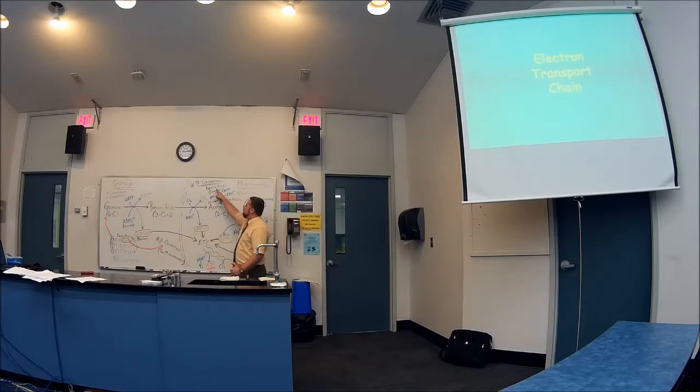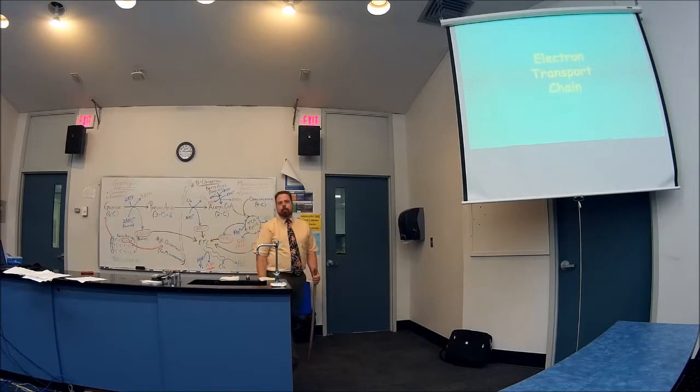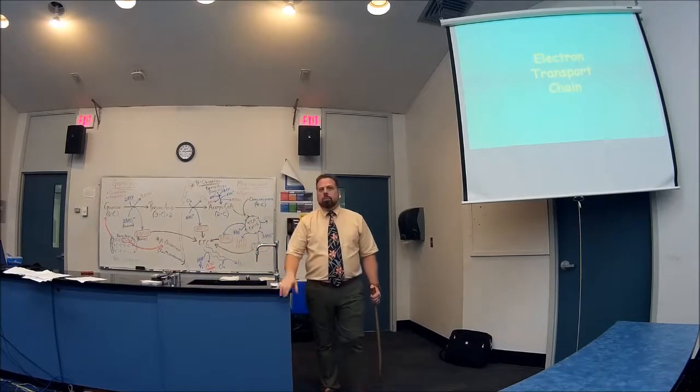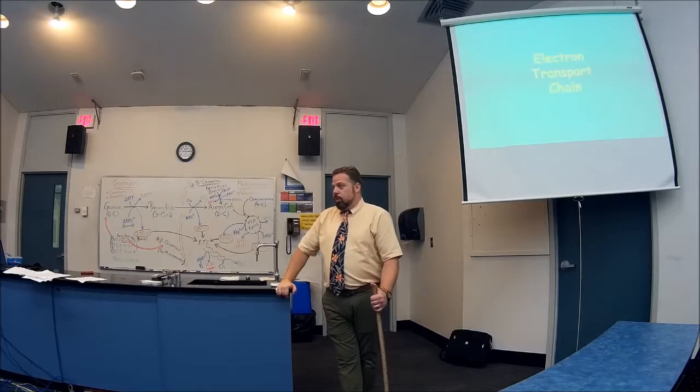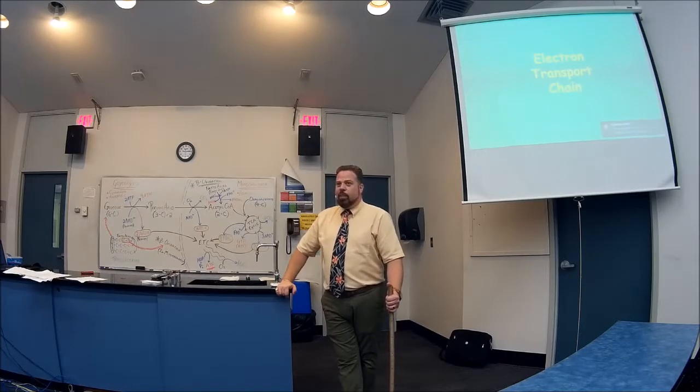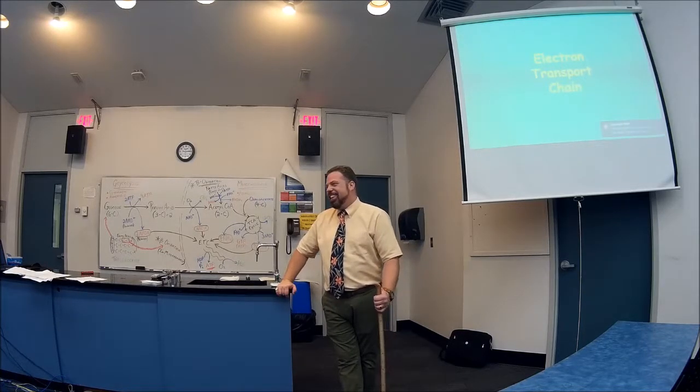These 2 carbons from the fatty acid will turn into acetyl-CoA, which is 2 carbons. And that'll feed into here, let alone you have more energy that can be fed into the electron transport chain. And that's it. Simple.